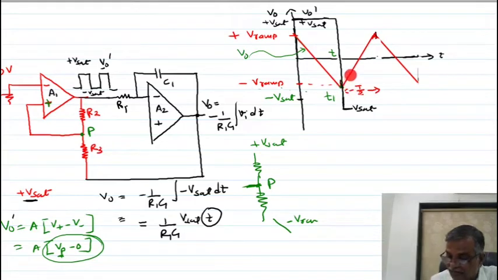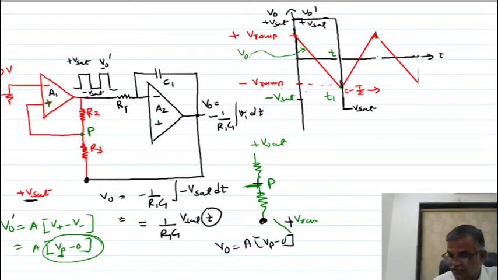So positive ramp voltage is coming, at this point. So the potential at this point will change. When this is positive, I should write my VO is nothing but the gain times Vp minus 0.